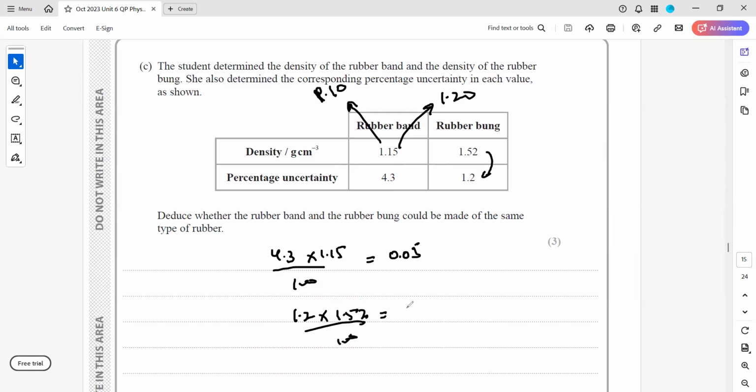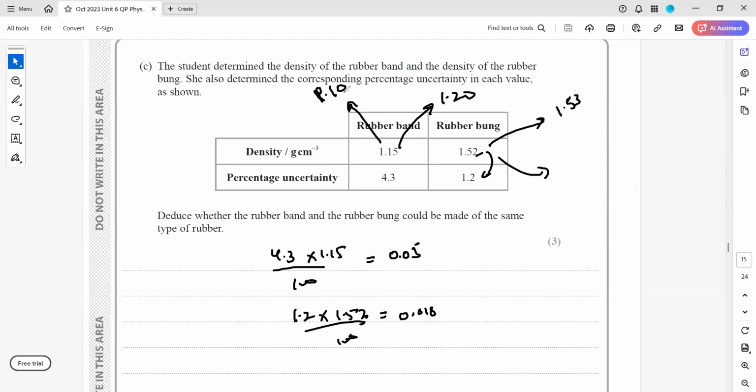What is the number here? 0.018. So either it can be 0.018 more. If I add 0.018 it will be 1.53, I think, and it will be subtracted.